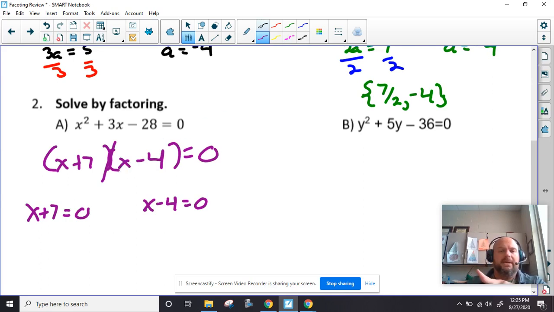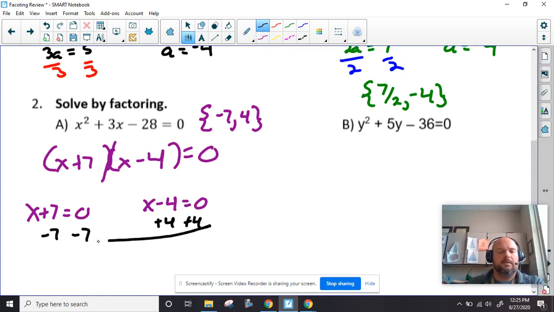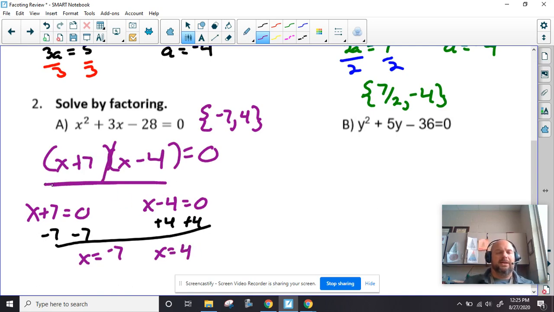I bet that this answer is going to be -7 and +4. But just in case. Look at that. Basically, once you get to this point, when they're in the parentheses, your answers are going to be the opposite signs right here.